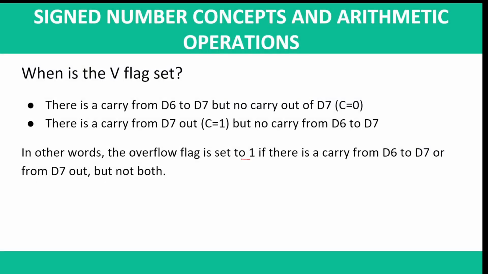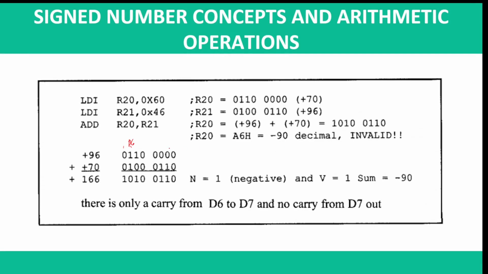But let us check, no carry out sa D7. As you can see, ang D7 nag-carry from digit 6. 1 plus 1 is equal to 10. Nag-carry siya 1. But here, sa digit 7, 1 plus 0 plus 0 is equal to 1. Wala siya carry from digit 7. So, nasatisfy niya ang first condition. So, therefore, we can have V is equal to 1.